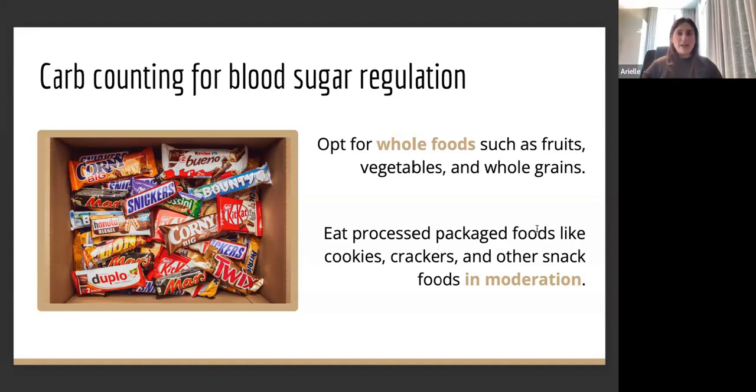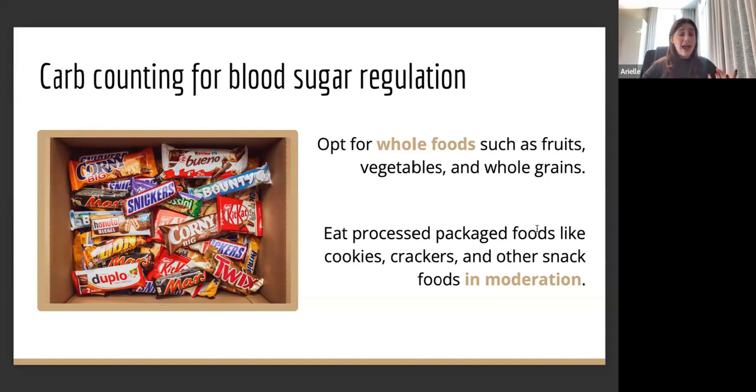Something else to note is that when we have a fruit for a snack, it's really good to pair that with a healthy fat or with a protein. The reason for that is because that also will help prevent these high spikes and low spikes. So I like to tell people cheese sticks should be your best friend, right? Cheese sticks are great. It's all protein. There's no carbohydrates in there.